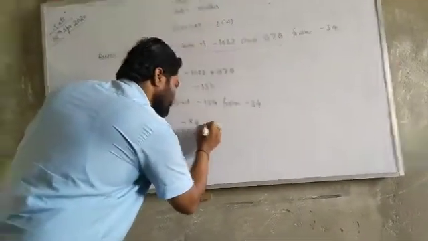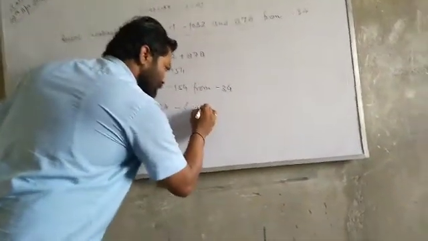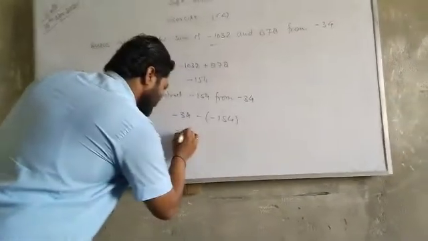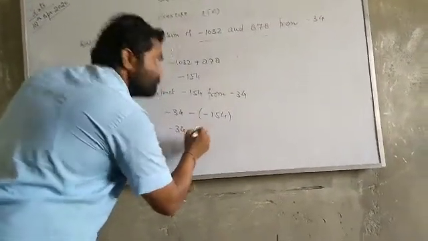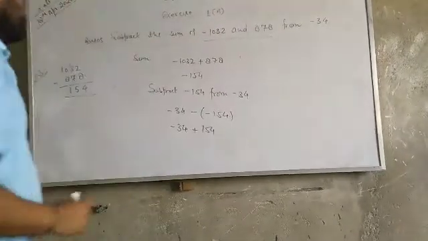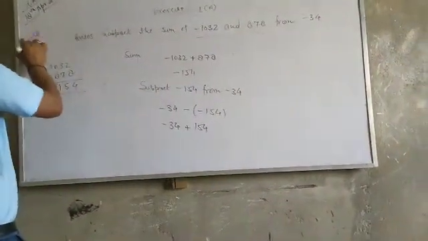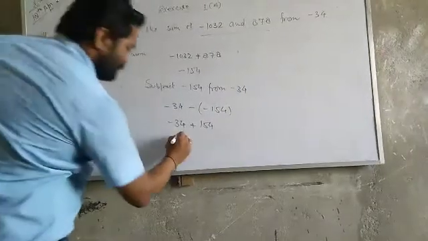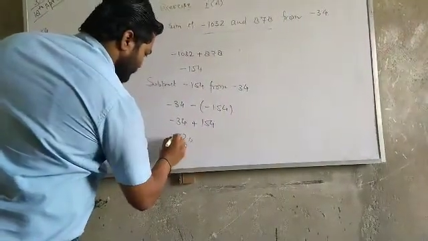Minus 34 minus (minus 154), minus and minus make plus, this equals plus 154. Now 154 minus 34 is equal to 120.